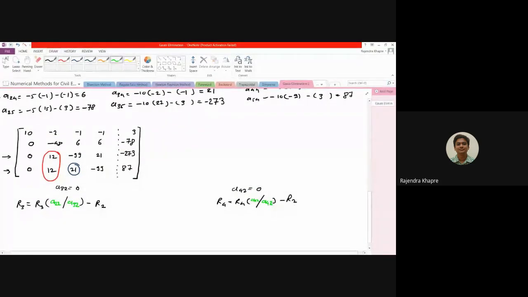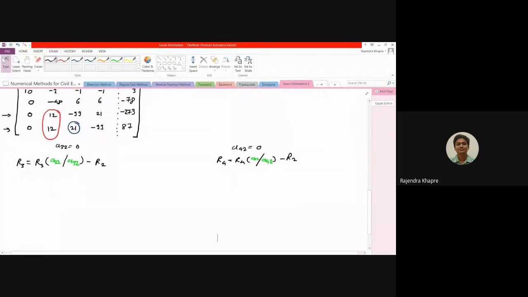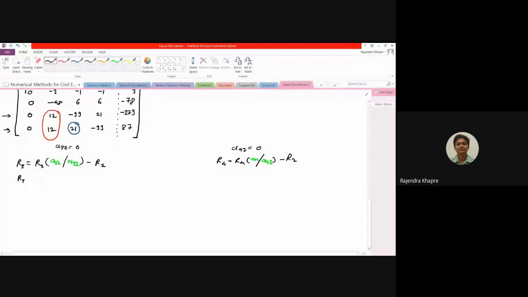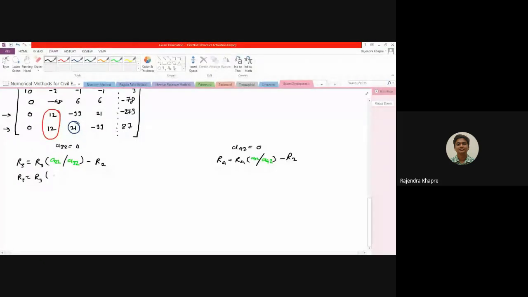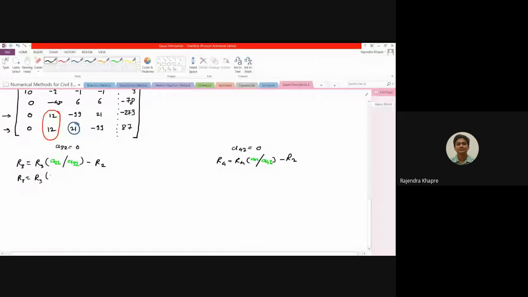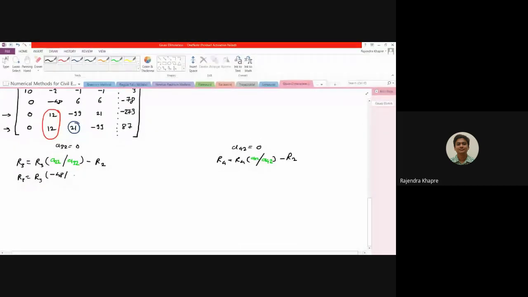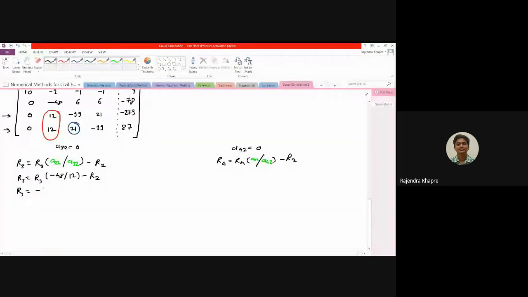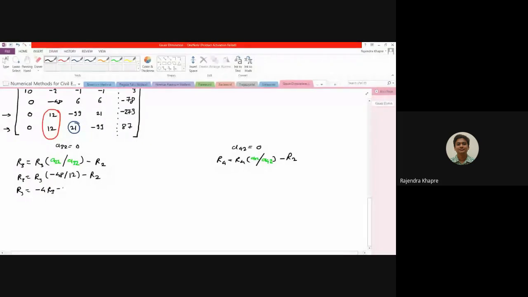Yes students, have you understood this? Okay, so let us go for some operations. Your R3 will be R3 multiplied by A22, so A22 is -48, divided by A32 which is 12, minus R2. So your R3 will be -4 times R3 minus R2.